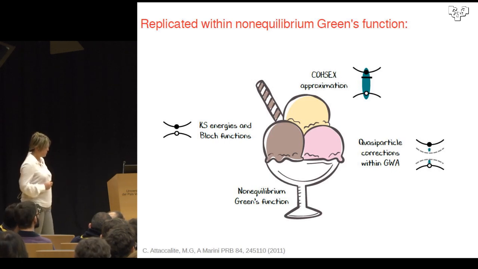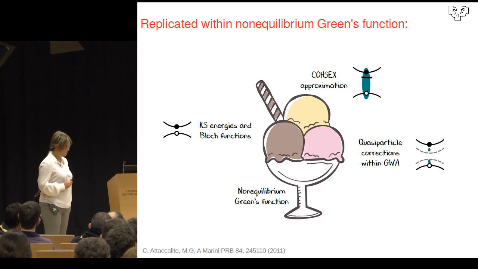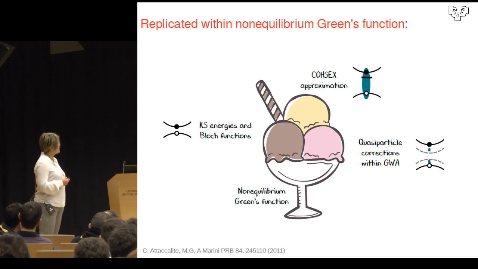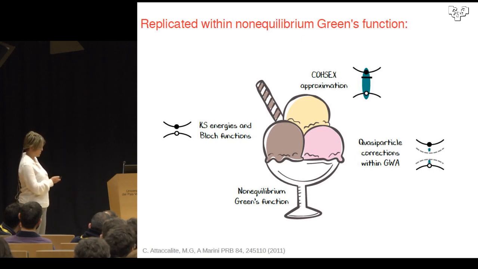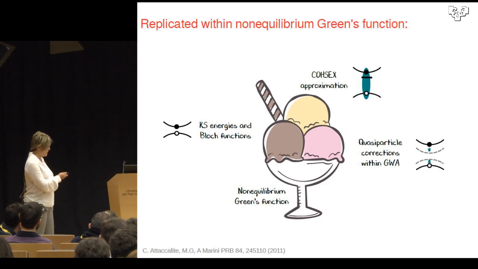And then for the self-energies that are in the Kadanoff-Baym equation, we approximate the retarded one with a Coulomb-hole screened-exchange approximation, and we put to zero all the lesser and other self-energies.